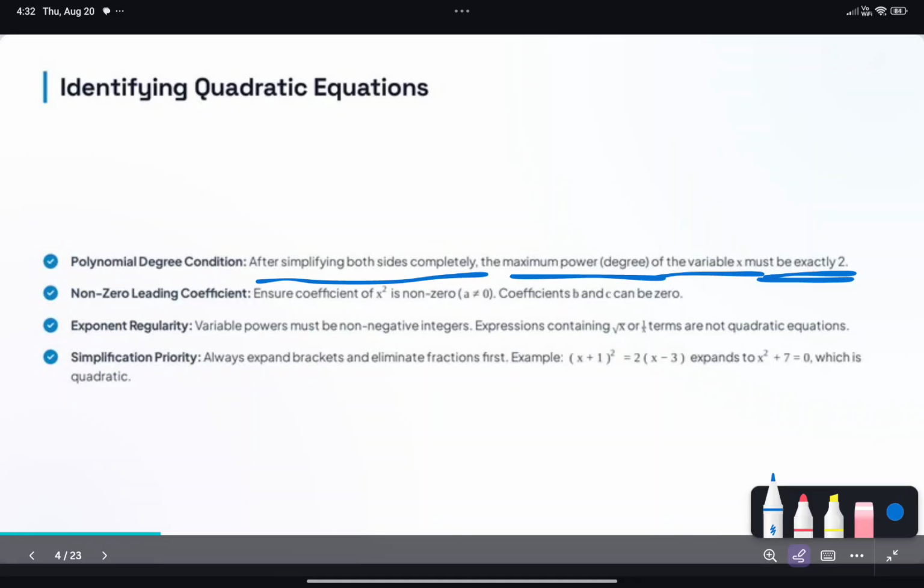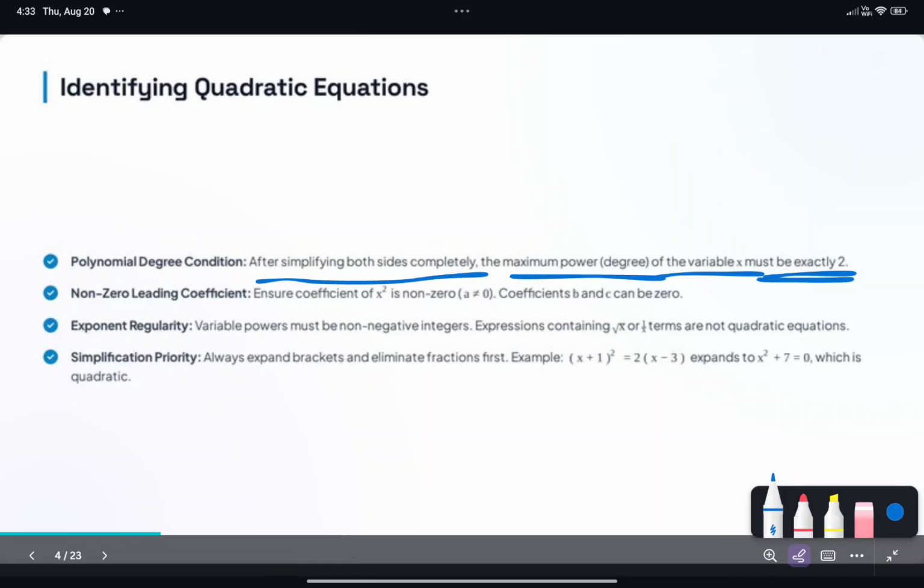Non-zero leading coefficient. The coefficient of x square is non-zero; we discussed it in the previous slide. A not equal to 0. Coefficients b and c can be 0, no problem.